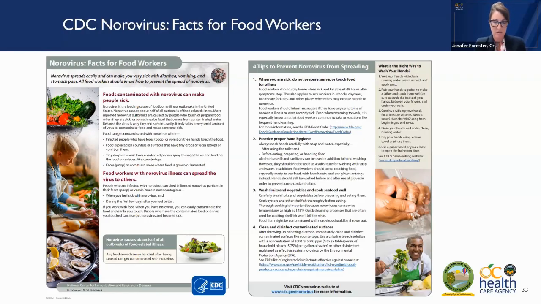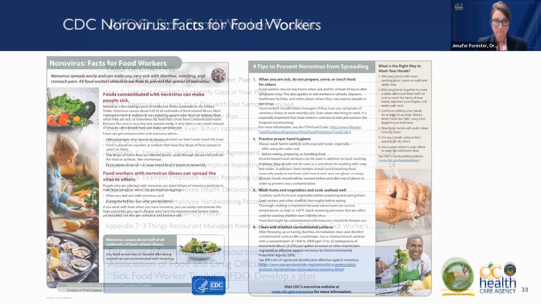The bulletin provides 4 tips to prevent norovirus from spreading. 1, when you are sick, do not prepare, serve, or touch food for others. 2, practice proper hand washing, and remember, alcohol-based hand sanitizers can be used in addition to hand washing. However, they should not be used as a substitute for hand washing with soap and water. 3, wash fruits and vegetables and cook seafood thoroughly. And 4, clean and disinfect contaminated surfaces.